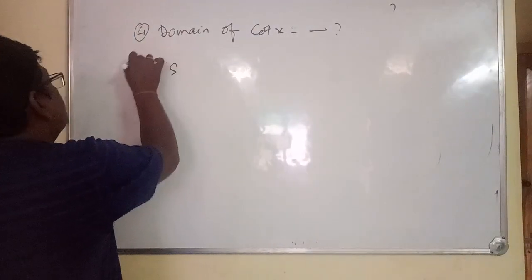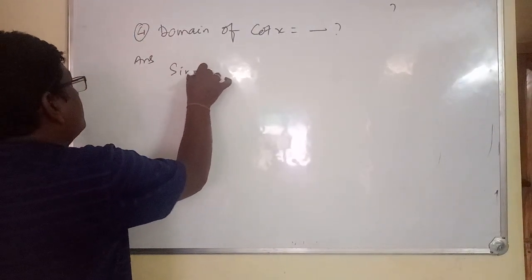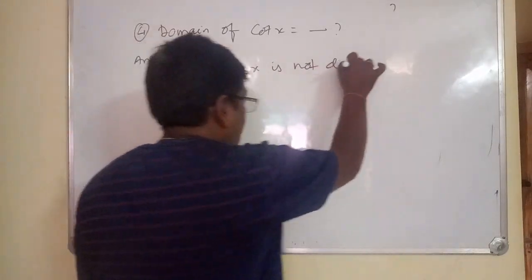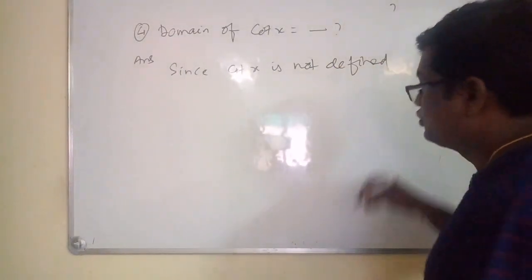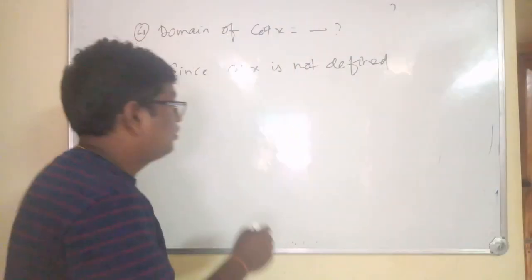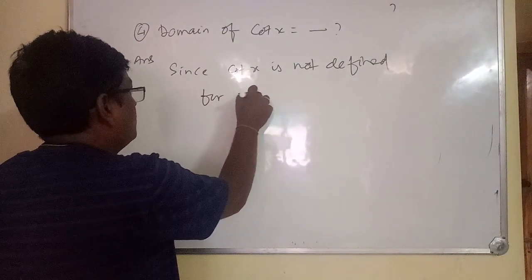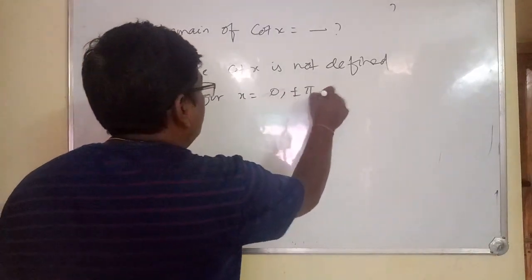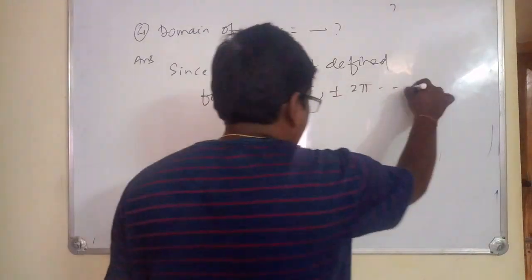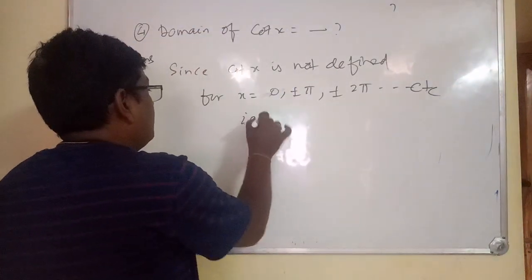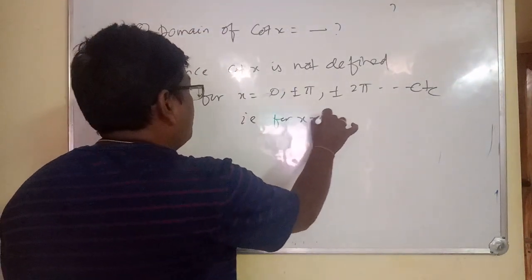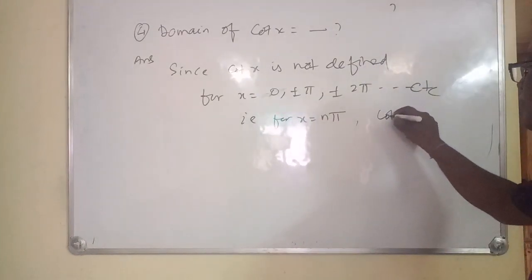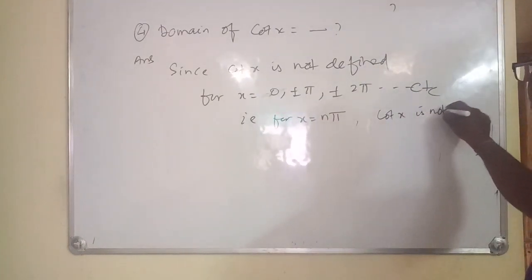Since cot x is not defined, the domain excludes x equal to n pi, meaning 0, plus or minus pi, plus or minus 2 pi, etc. That is, for x equal to n pi, cot x is not defined.